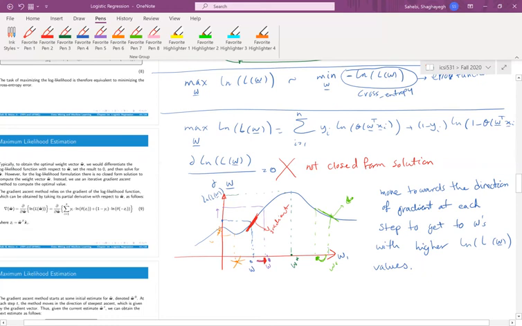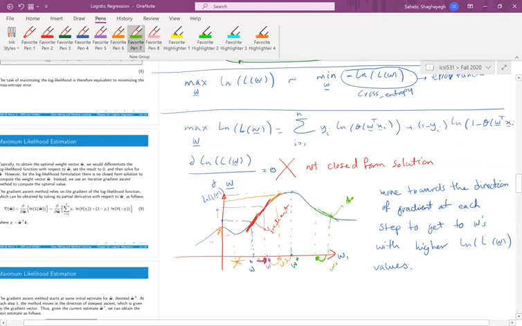So at this point, I take the gradient, I see it's positive, I move to W1. Then at W1 again, I take the derivative, I see it's positive, I move towards the more positive, I move to W2. Again, at W2, I get the derivative, I see it's positive, and then I move a little bit more.